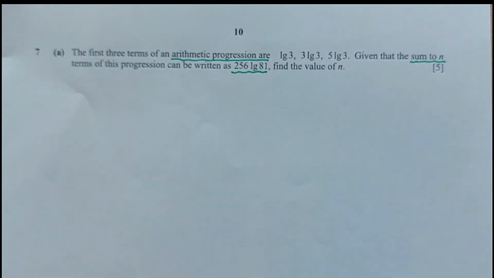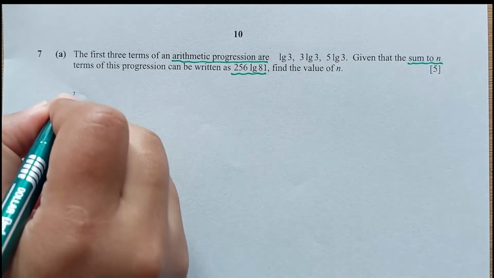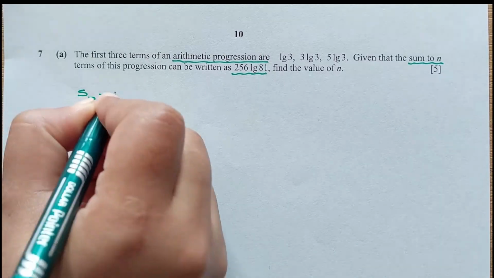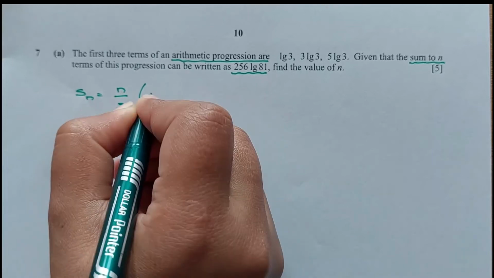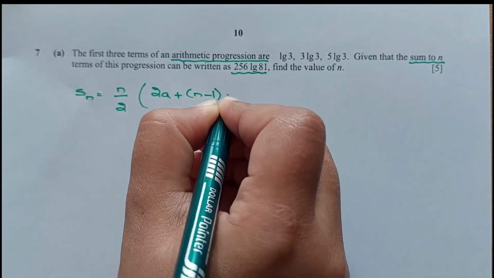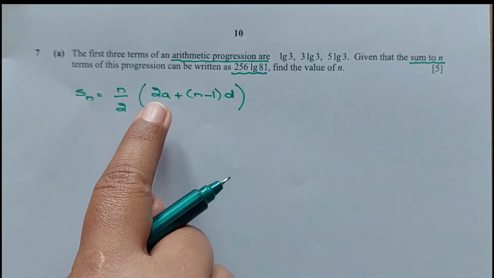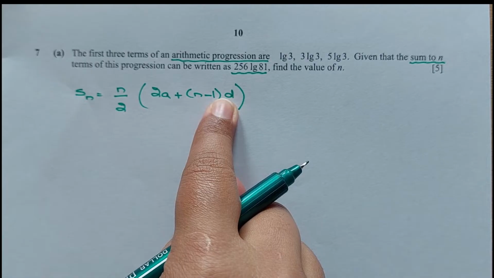Okay, so first we need to find the formula for Sn, the sum of arithmetic progression. The formula is Sn is n by 2 into 2a plus n minus 1 into d. a is the first term, that is ln 3, and d is the common difference, right?